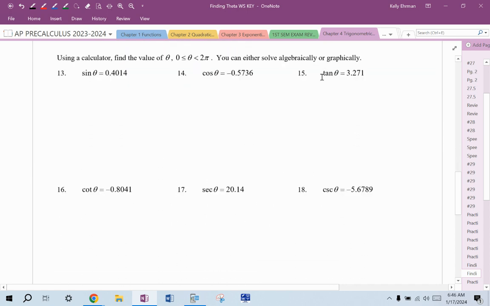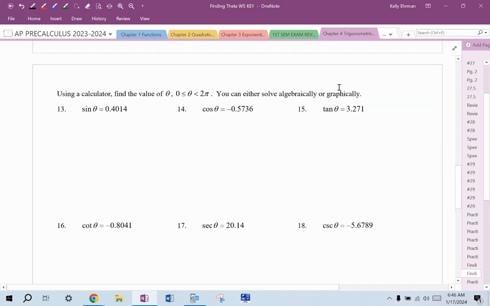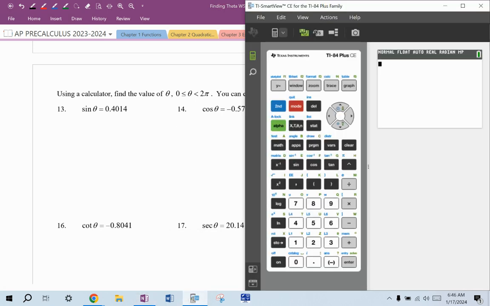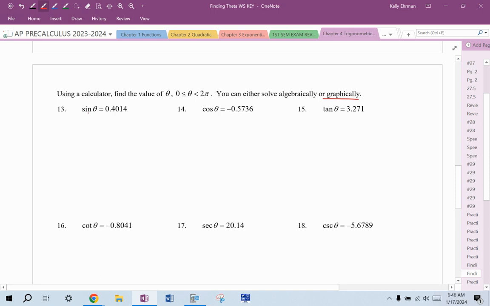Okay, and then using a calculator, you can either solve algebraically or graphically. I'm going to solve graphically because it's faster. So if you want the algebraic version, that's something that we can go over in office hours, but I really don't see any purpose to going through this algebraically. So if I want to know when sine theta is equal to this decimal, I'm going to put sine x into y1.